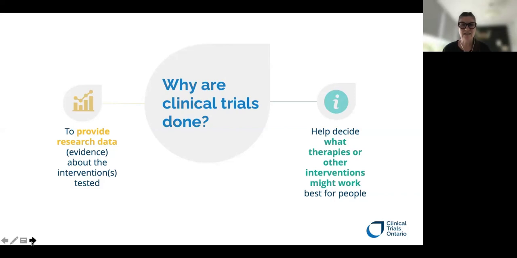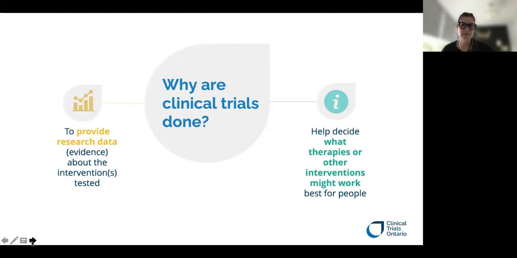Healthcare providers and others actually use clinical trial data to develop guidelines that are used to treat people with different conditions or diseases. The data from clinical trials helps our regulators, so it helps the European Medicines Agency, the Food and Drug Agency in the US, the Canadian Drug Agency, helps them make decisions about what's safe and effective in people, helps policymakers make decisions about what becomes widely available and what becomes, on the market for people, so to speak.